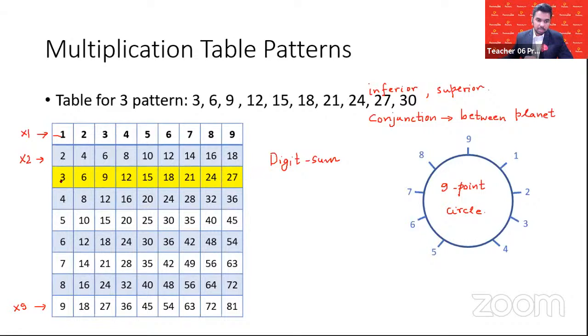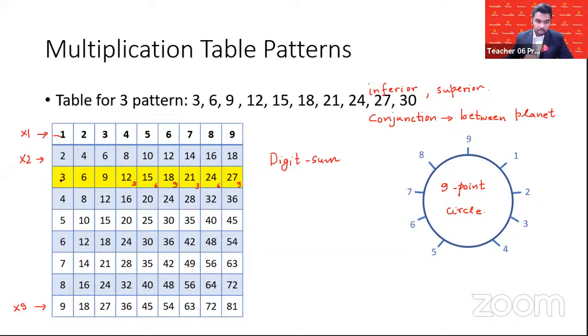So 3 has a digit sum of 3, 6 has a digit sum of 6, 9 has a digit sum of 9 itself, and 12 has a digit sum of 3. Why? Because 1 plus 2. 15 has a digit sum of 1 plus 5, which is 6. Similarly, 1 plus 8 is 9, 2 plus 1 is 3, 2 plus 4 is 6, 2 plus 7 is 9.